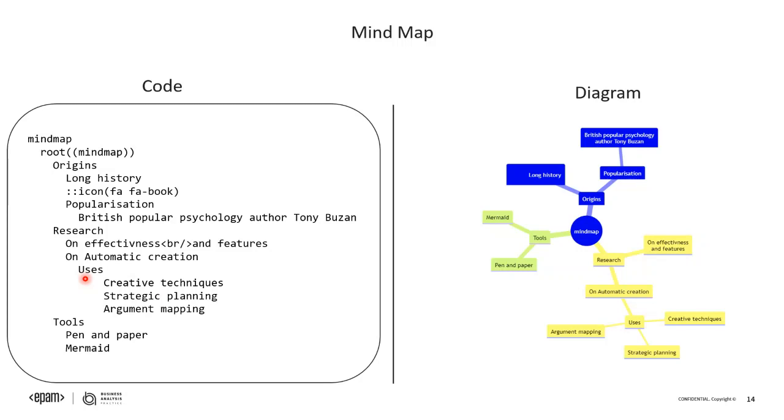You can also get some of the shapes. It technically has support for this as well, but as we can see here, it doesn't always work. Anyway, it's on the documentation website of Mermaid.